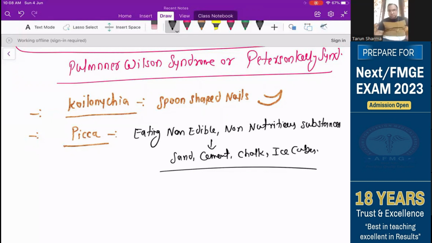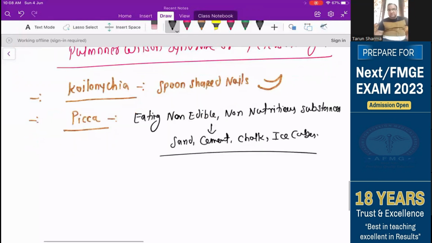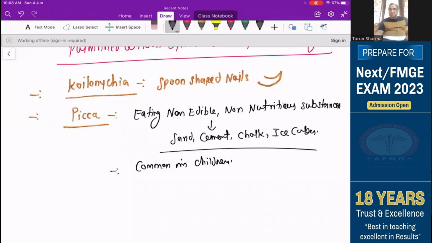Children eat a lot of these things in schools, and the parents think that the child is suffering from calcium deficiency. Why are they thinking calcium? Because they used to eat chalk a lot in the classes. But that is not calcium deficiency, that is a psychological urge seen in children.